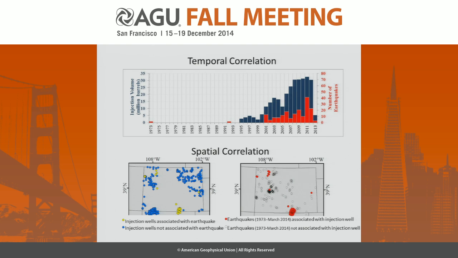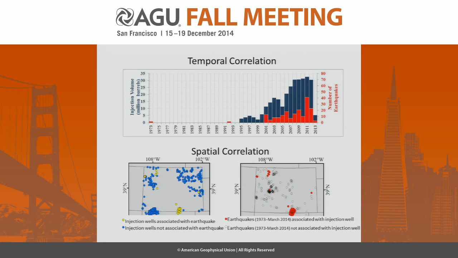On the right side is the seismicity map, and the black dots are all the seismicity from 1973 to early 2014. The red dots are a subset of the seismicity that are associated with the injection wells. These are a preliminary first cut of the spatial association.